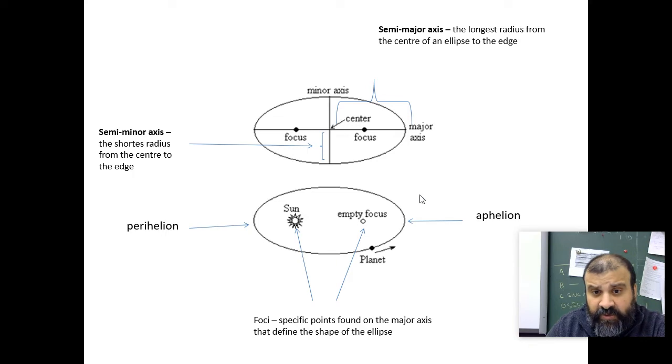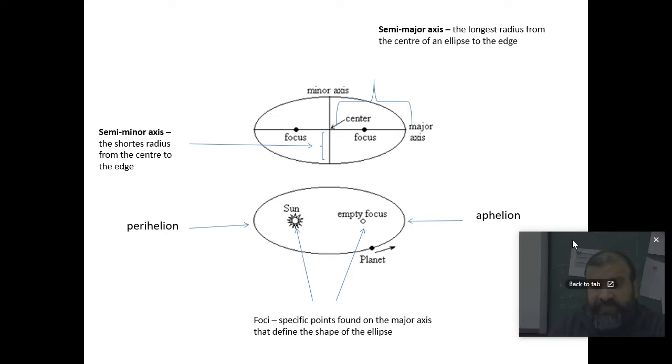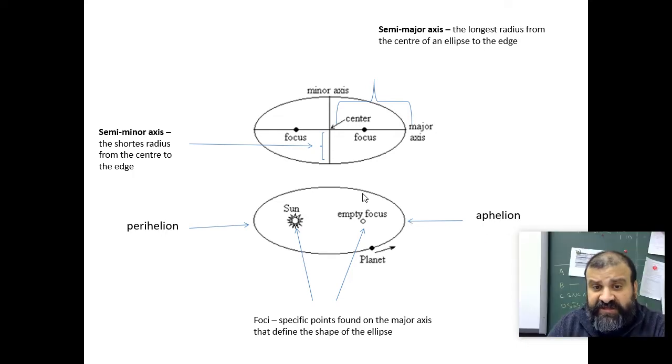In a planet's orbit, aphelion is the point furthest away from the sun. Helion refers to Helios, the Greek god of the sun. Perihelion refers to the point closest to the sun. So an ellipse has two focus points on the major axis, which is the longest radii, and then we have the minor axis, which is the shortest radii.